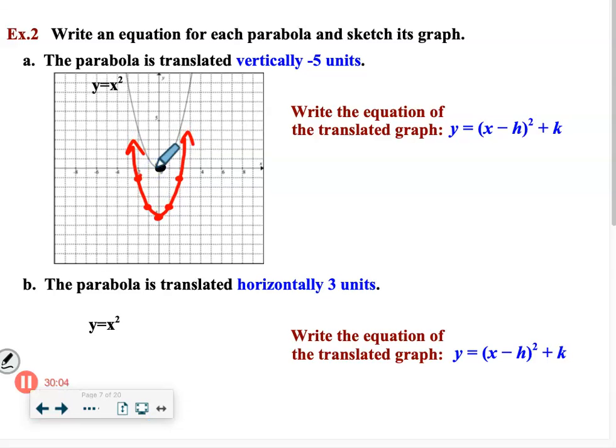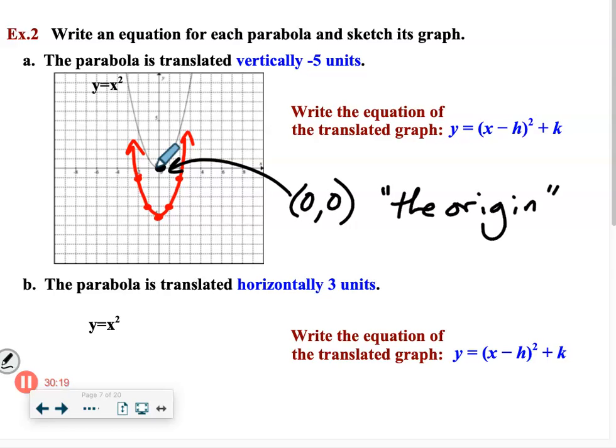This point right here, the point 0, 0, has a name. The name of that point, the point 0, 0, is called the origin. Whenever you see something that refers to the origin, it means the point 0, 0. It's like the origin of all graphing things.